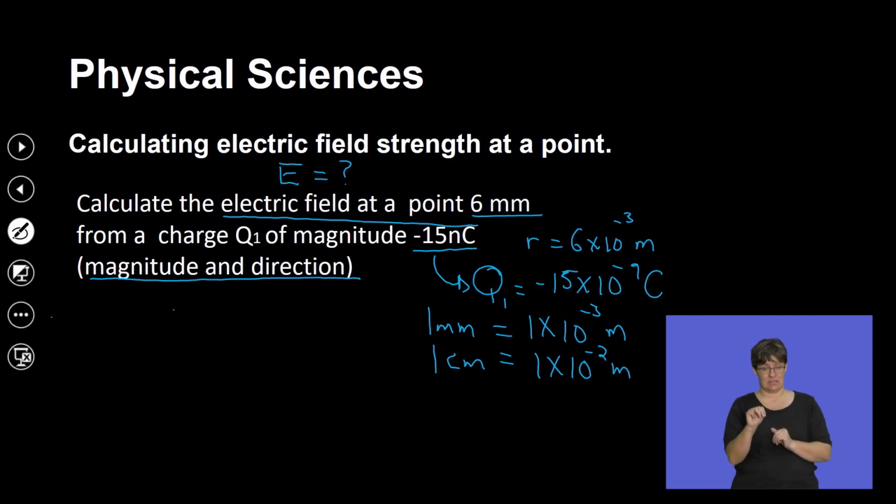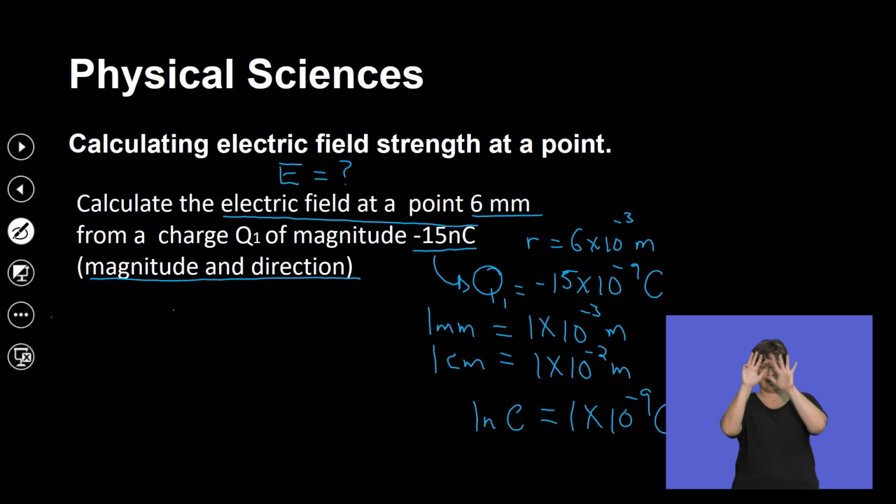So what do we mean when we say a millimeter is 1 times 10 exponent negative 3? You are saying that a millimeter is 1,000th of a meter, while a centimeter is 100th of a meter. So that's the mathematics around it. And in terms of charge, 1 nanocoulomb is equal to 1 times 10 exponent negative 9 coulombs, right? So these are some of the conversions that you need to be very comfortable with.